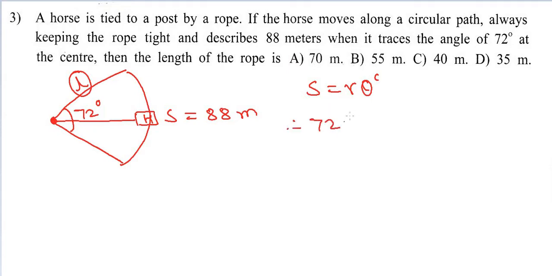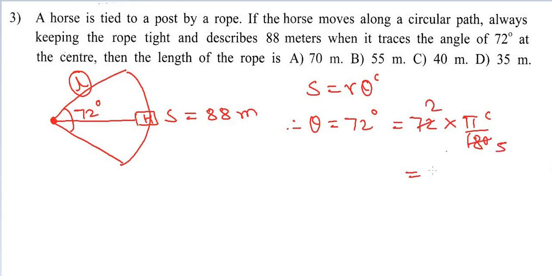Therefore theta is equal to 72 degree, that is equal to 72 into pi by 180 radian. That is equal to, 36 twos are 72 and 36 fives are 180.